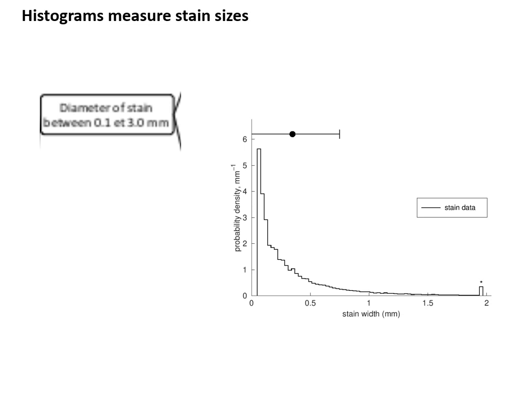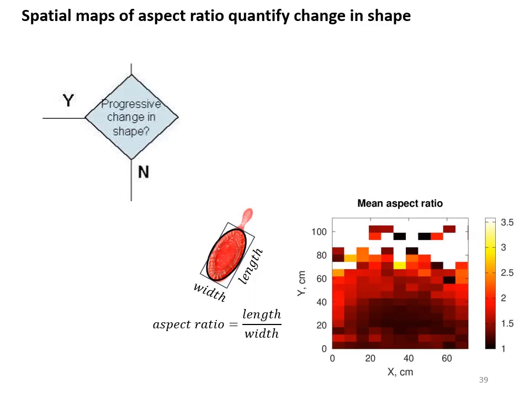For the progressive change in shape, remember, you can have an aspect ratio map. The aspect ratio is simply the ratio of the length and the width of your ellipse, which is a proxy for the shape. And here you can easily extract, numerically even, how progressive your change in shape is.